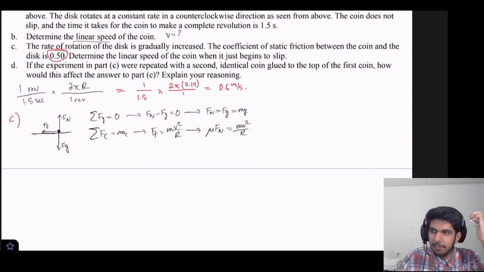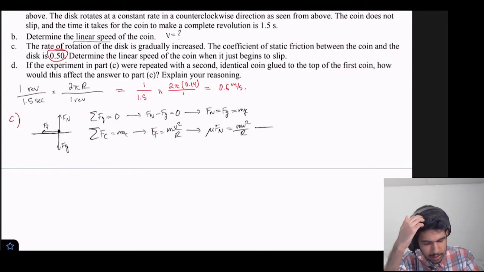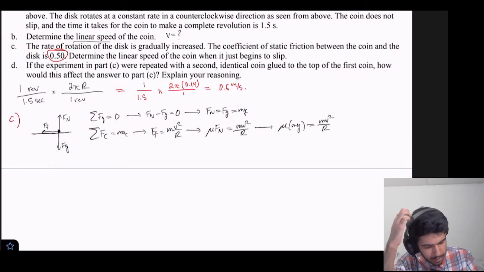And Fn is mg, so mu times mg equals mv squared over r. We divide both sides by mg, and the masses cancel. This is mu equals v squared over r times g.